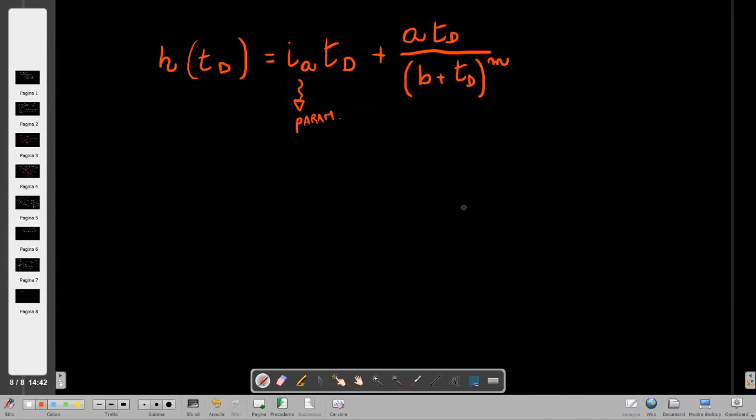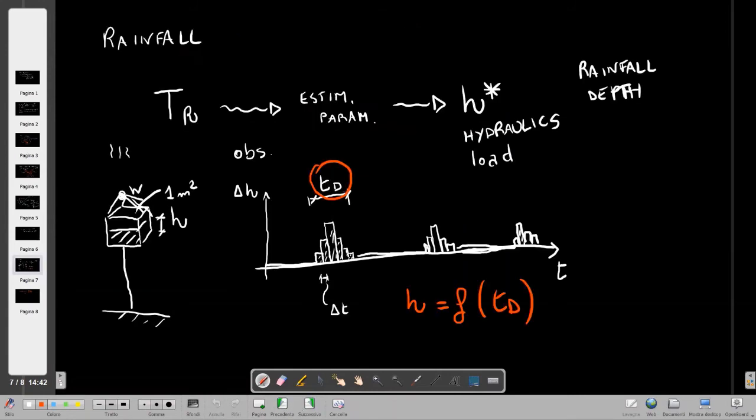This is a very general formal shape of the function that expresses the dependence of the rainfall depth on the duration of the event. Of course, the longer the event, the higher the rainfall depth. So this relationship gives us the total rainfall depth during an event for a given duration.